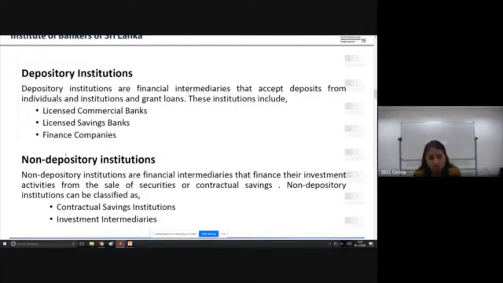You know the examples: licensed commercial banks, licensed savings banks, and even finance companies that get funds in the mode of fixed deposits. That is also a type of deposit, so they also fall into the depository institution criteria.